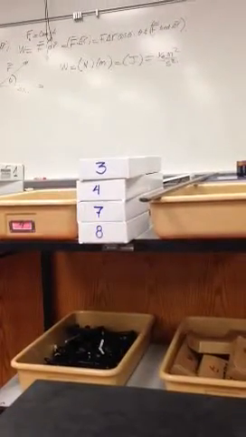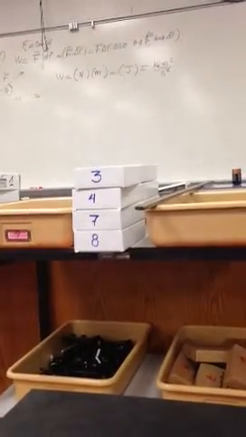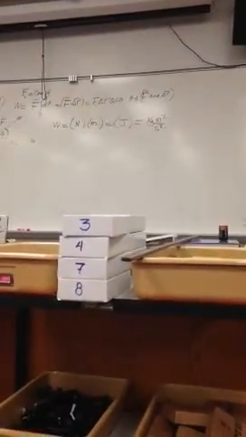So by definition, what will be the Joule? By definition, 1 Joule is the amount of energy that I will spend when I move this object 1 meter with 1 Newton of force.